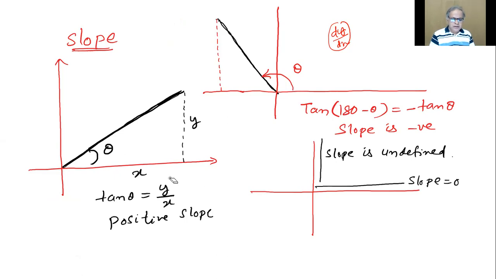Look, tan theta is y by x, positive slope. Here, this is tan of 180 minus theta, so the slope is negative. And for a vertical line, slope is infinity, tan 90. Isn't it? Tan 90 is infinity.